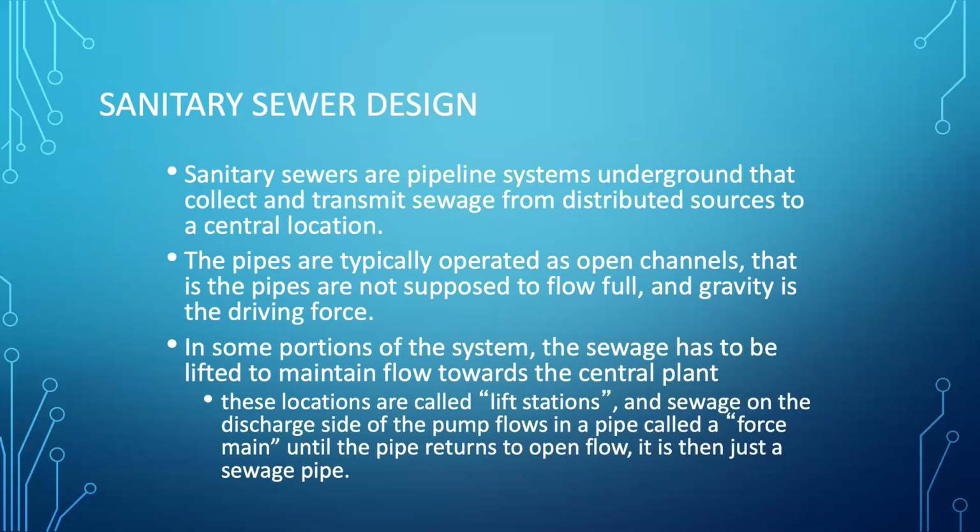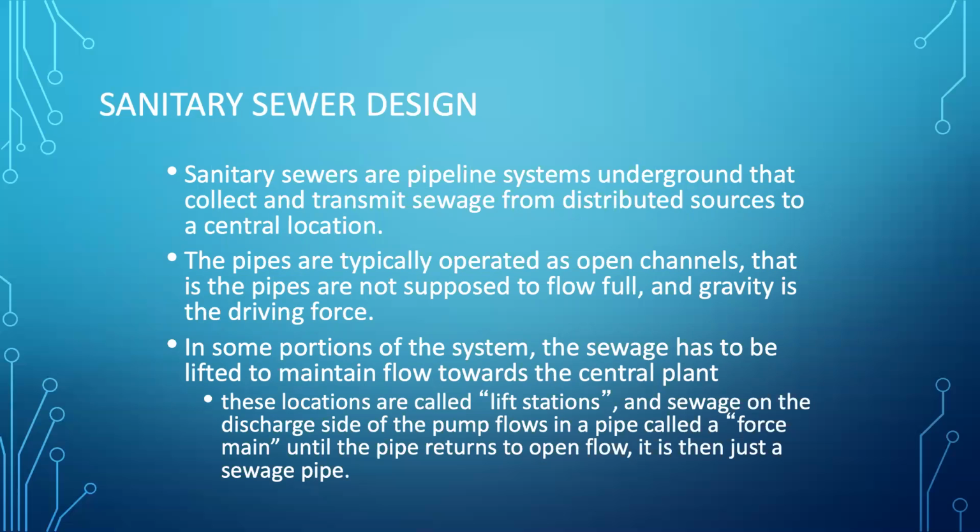central location. Pretty much no different than a stormwater system. The pipes are typically operated as open channels, and that is the pipes are not supposed to flow full, and gravity is the driving force. In general, sanitary sewers are carefully operated so that they do not fill up.